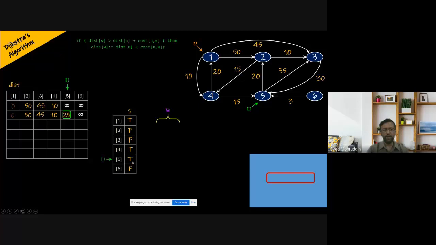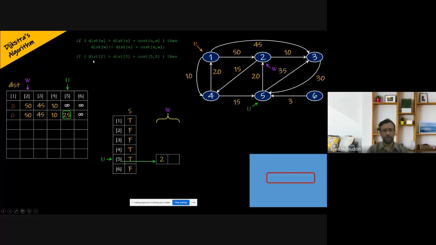From vertex 5, we have an edge to vertex 2 as well as vertex 3. So we will consider vertex 2 first. Vertex 2 has distance 50. Let us apply the relaxation technique. W is vertex 2 in this case.